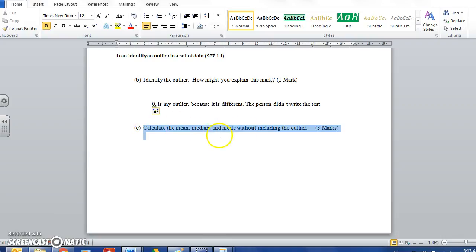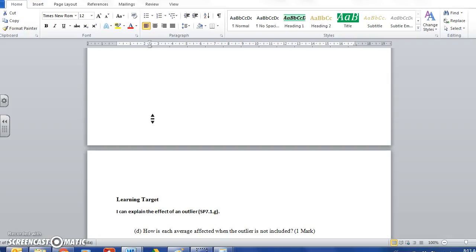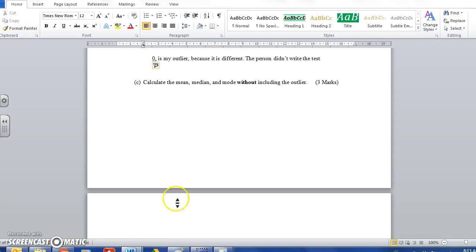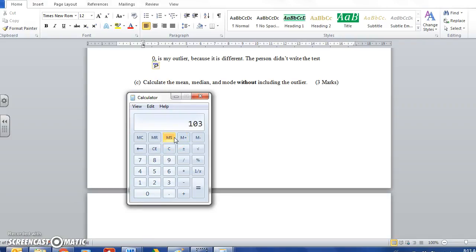So next I need to recalculate my mean, median, and mode without the outlier. That means I take the 0 out of this set of data. So to find my mean, again I'm going to pull up my calculator. I know that my total is 1035, and because my outlier was a 0, my total will not change.